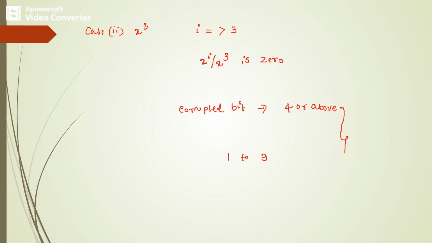Such kind of errors can be identified. That means if the corrupted bit is positioned 4 or above, and the single bit error is positioned from 1 to 3, such errors can be caught with the value of x power 3. So next is case 3.